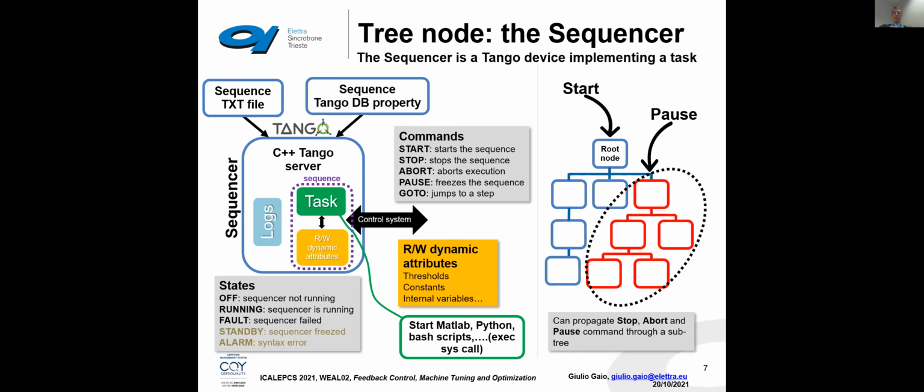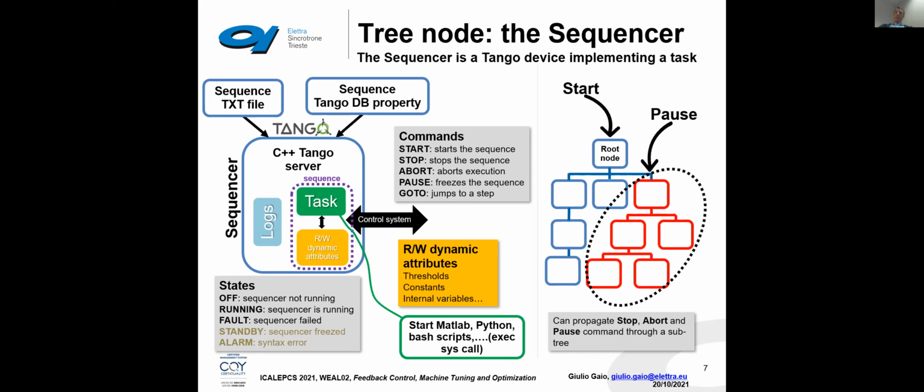In the second part, it declares the dynamic attributes that are useful for implementing the logic of the task. These dynamic attributes are also mapped as read-write dynamic attributes, so they are accessible from any client in the control system. The task could also execute MATLAB, Python, and Bash scripts, but this is normally discouraged.